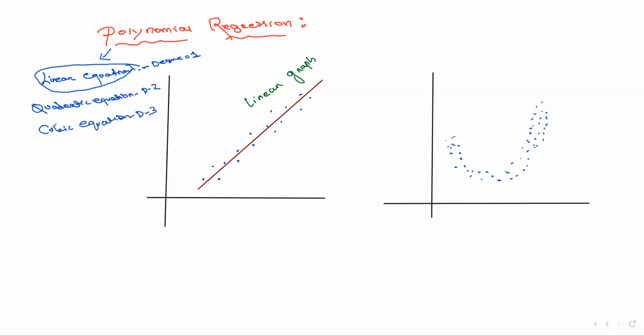Here we plot a line, and in that case we plot a plane. If I move towards a 4D diagram, that is nothing but a hyperplane. When I explain multiple linear regression, I explain all about that, so if you have any doubt, you can go to that video.